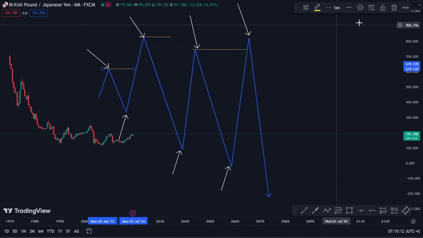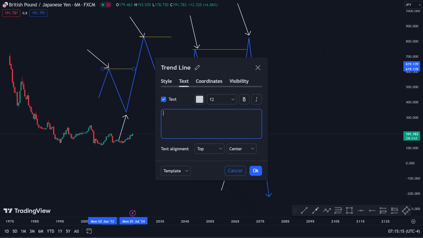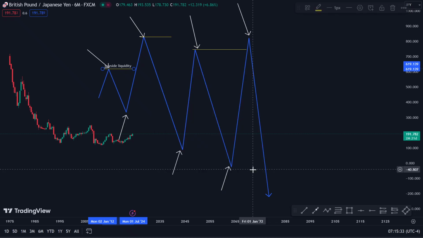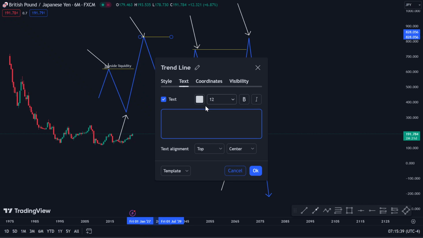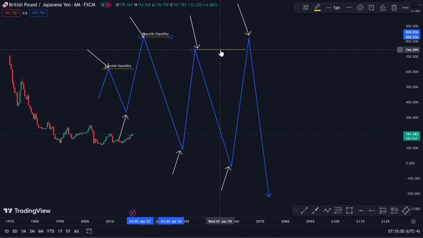Above each and every swing high, we have buy stops resting, and as such we call it buy side liquidity. We also have buy side liquidity over here, and we also have one here as well.